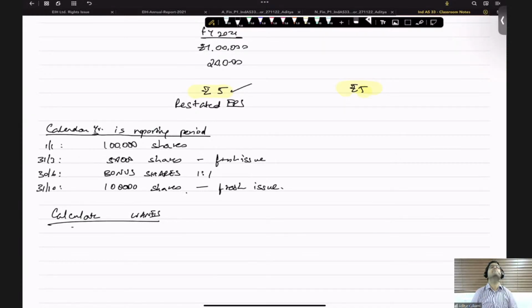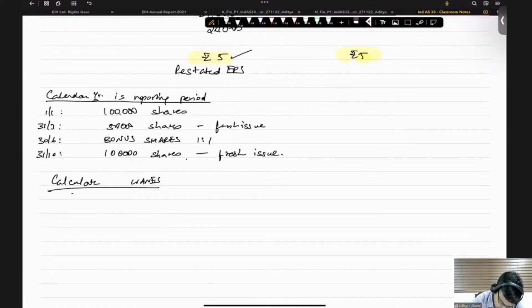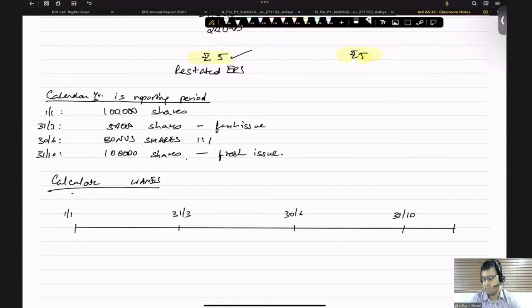All right. Fine. So let us start. See, if I put in the timeline, 1st of Jan, 31st of March, 30th of June, 31st of October. So here is my timeline. On this day, I have 1 lakh shares.